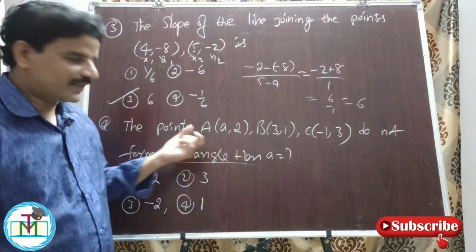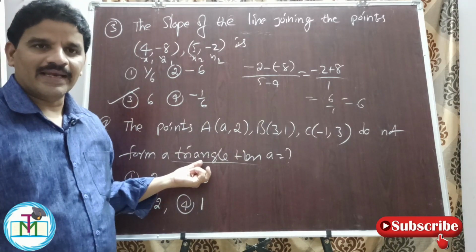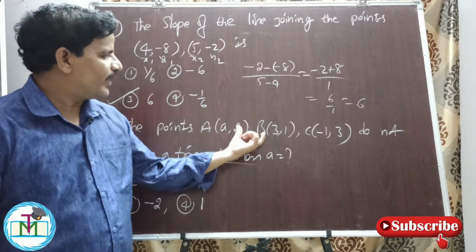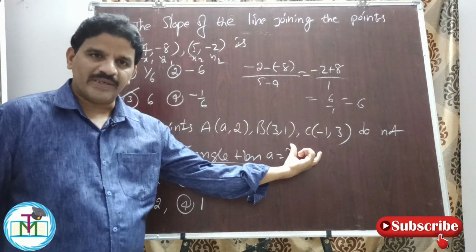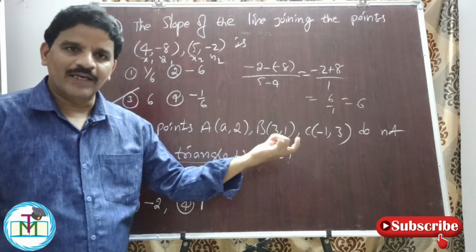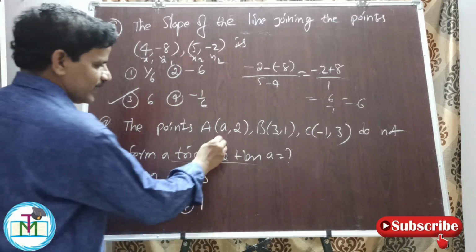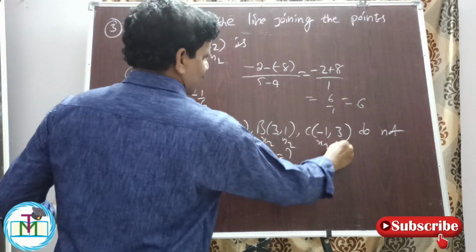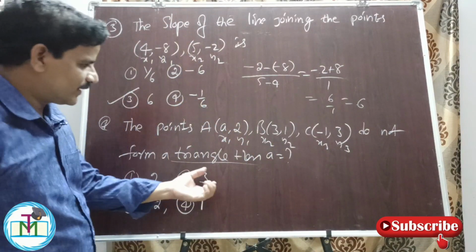Whenever the given points are not forming a triangle, they are collinear. In that case, slope of AB is equal to slope of BC, or slope of AB is equal to slope of AC. We can take any two, you will get the answer. Therefore, here it is x1 y1, x2 y2, this is x3 y3. So I would like to write the formula here.